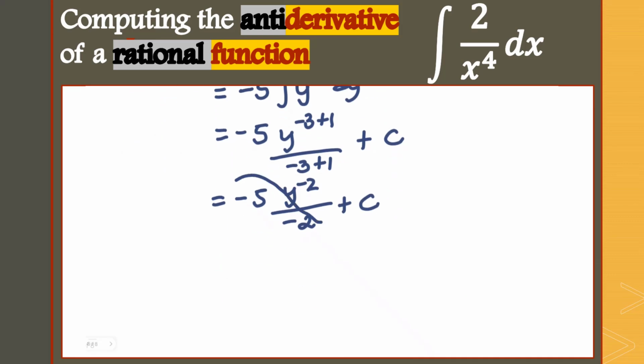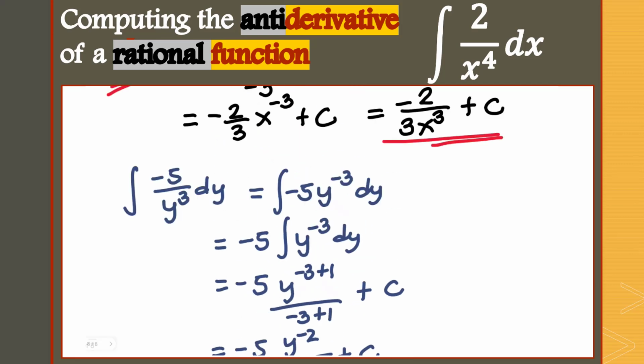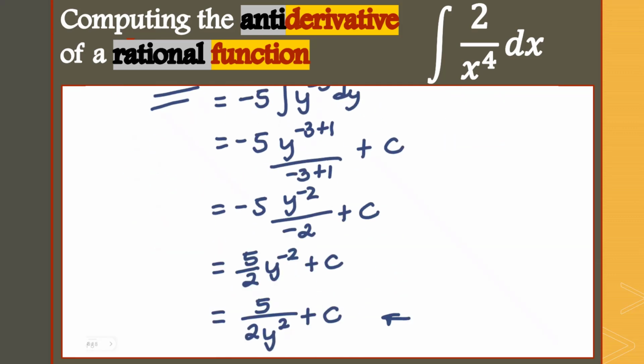Simplifying the constants, you will get positive 5/2 y to the power of -2 plus c. And then again, applying the law of negative exponent, you will get 5 over 2y squared plus c. This is the antiderivative of this given rational function. Again, you may want to derive this to verify whether the answer is correct or not.